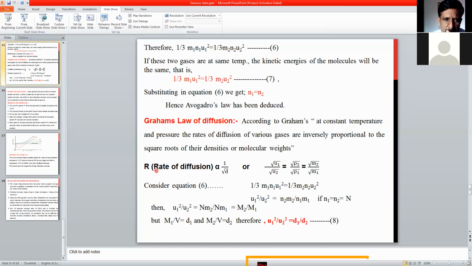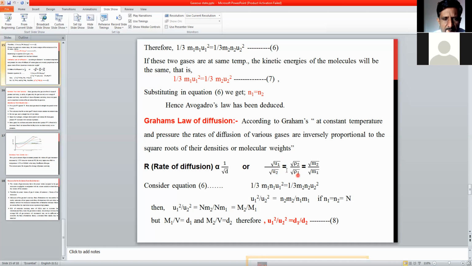Again, at constant temperature and pressure, the rate of diffusion is inversely proportional to the square root of their densities or square root of their molecular weights. I have represented here the rate of diffusion.